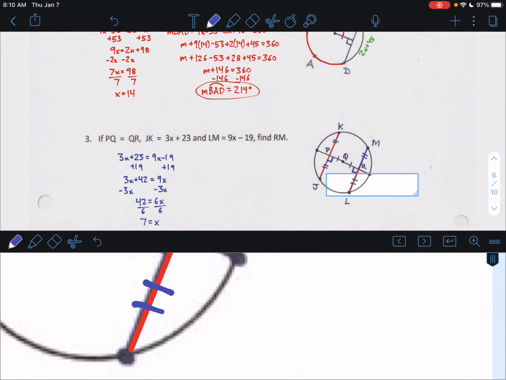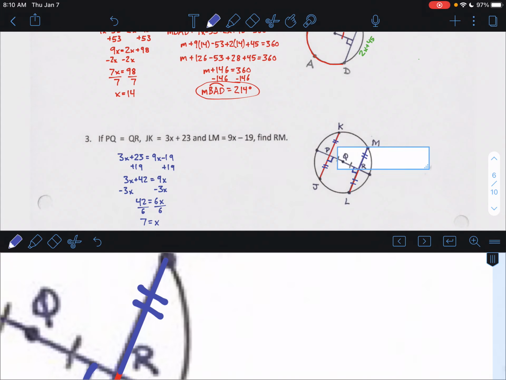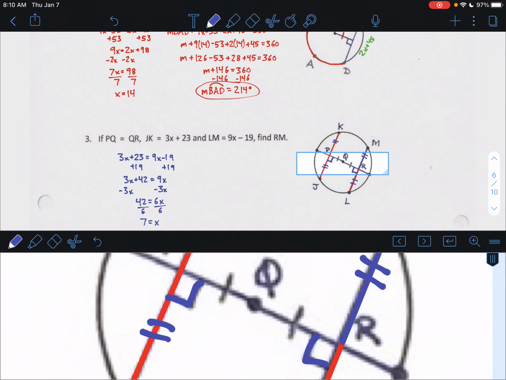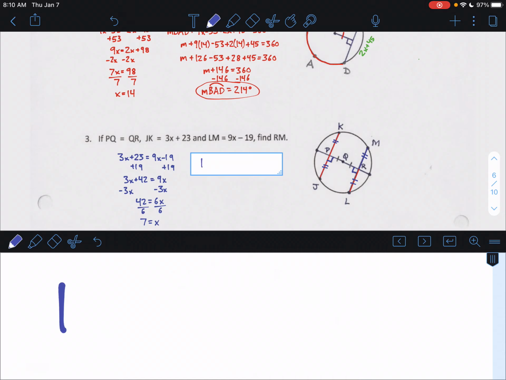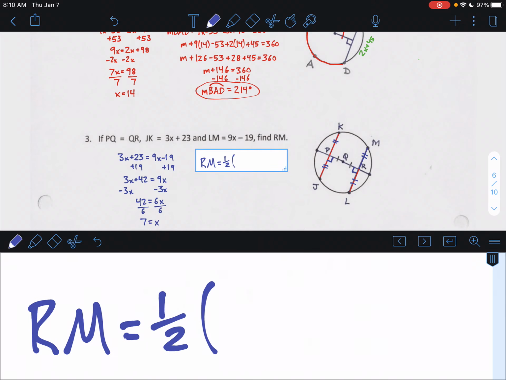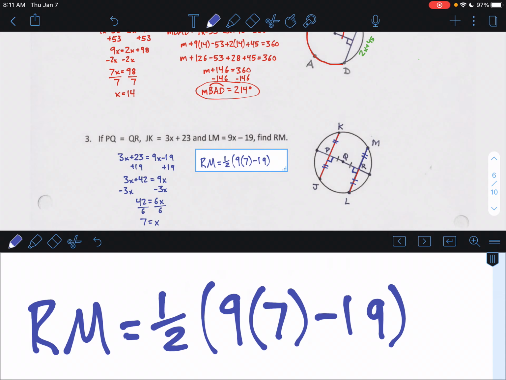So RM, we're not given a measure for that, but we're given a measure for LM, and I know RM is half of LM. So if I want to solve RM, I'm able to say that RM is going to equal 1/2 of LM, which is 9x minus 19, and instead of x, I'll say 7, because we solved that. So RM equals 1/2 of 9 times 7 minus 19.